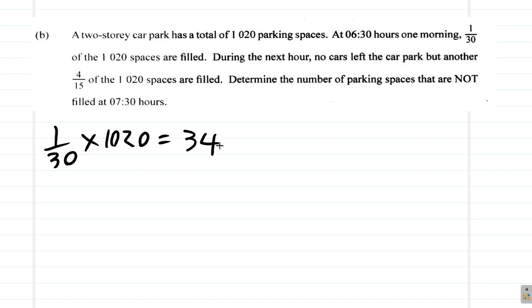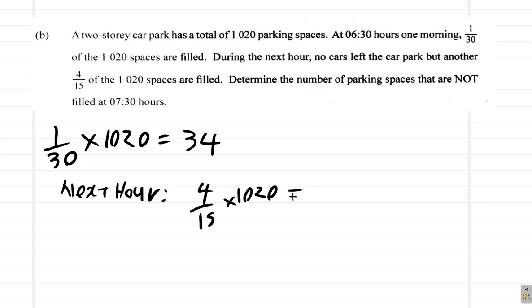Now, during the next hour, no car left the car park, but another 4/15 are filled. What happened during the next hour? What's the number? 4/15 multiplied by 1020 is equal to, to save time, you can use a calculator, but remember it's good to practice working these out without a calculator sometimes.